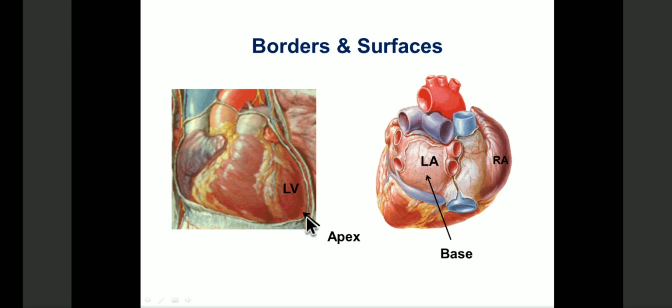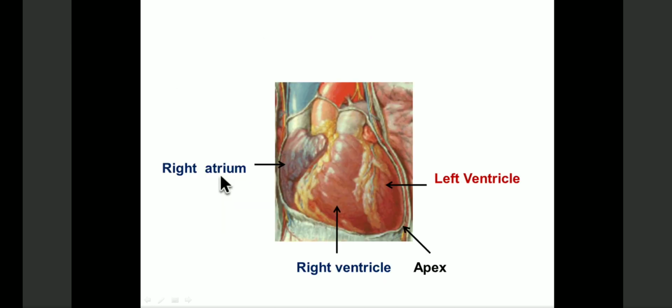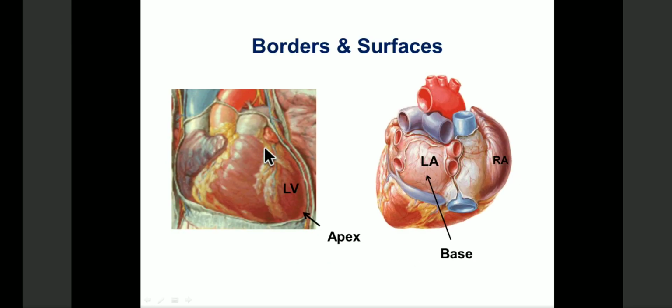The apex, we have already said, lies in the left fifth intercostal space around 9 centimeters from the sternum. And the base, one can imagine the base to be lying somewhere here, but that's not a fact.